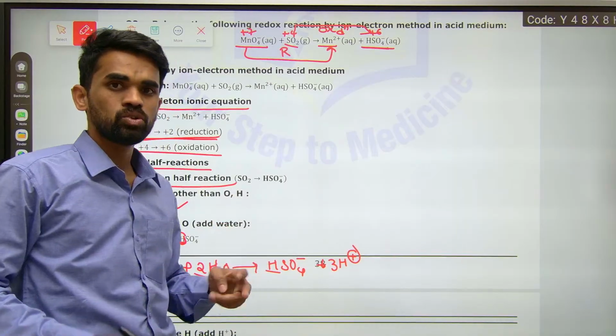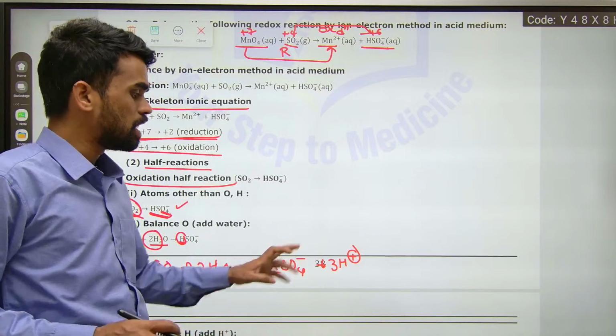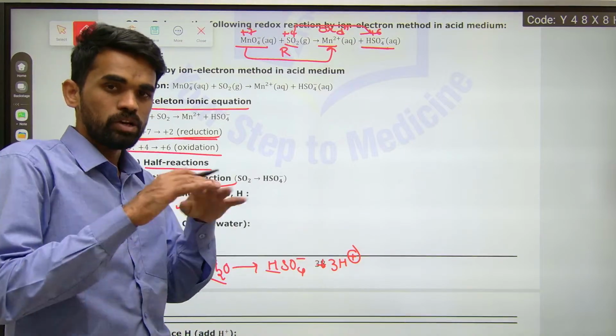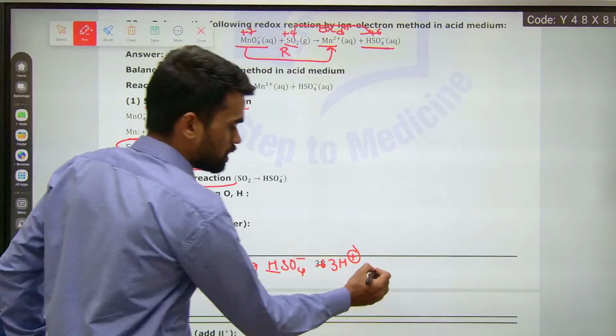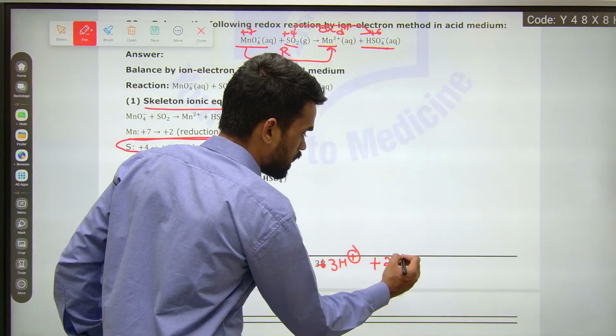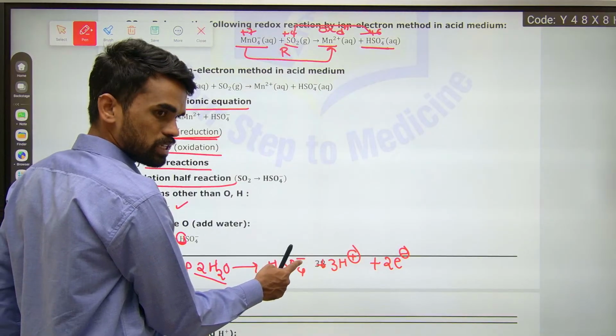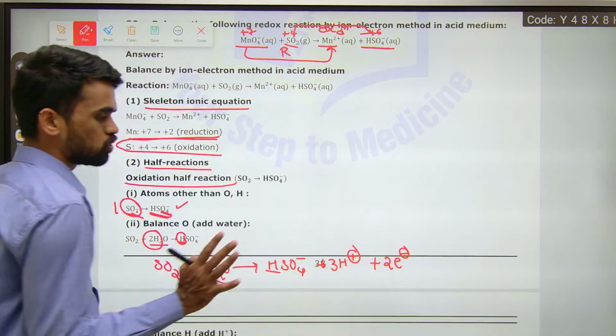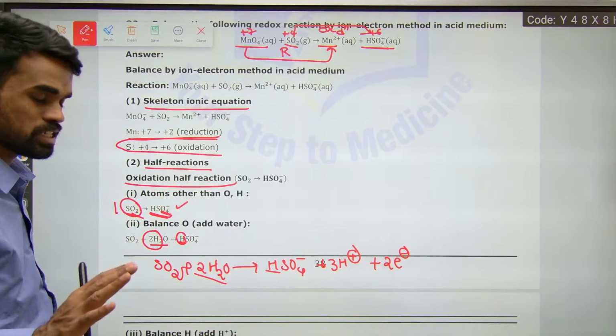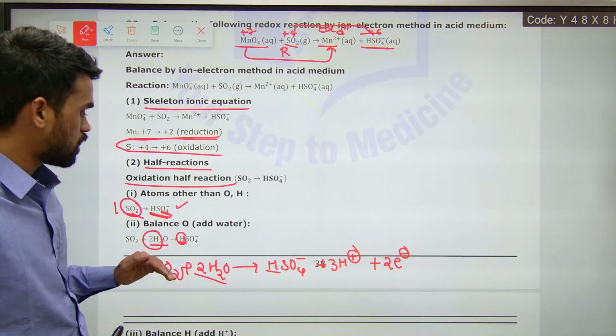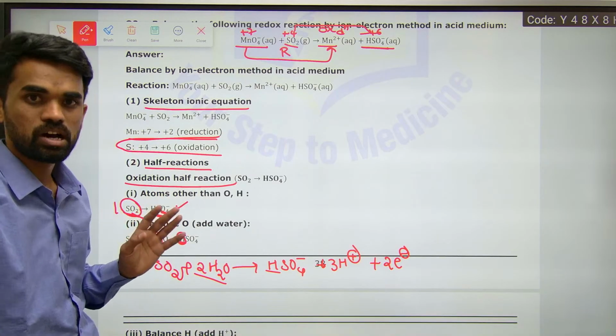In order to make it equal on both sides, I need to neutralize that plus charge. So for that I am adding 2 electrons here. Now what happens? Minus 2 plus minus 1, it means minus 3, and plus 3. So it is neutralized. The charge is balanced. This is how you need to balance the oxidation half reaction.